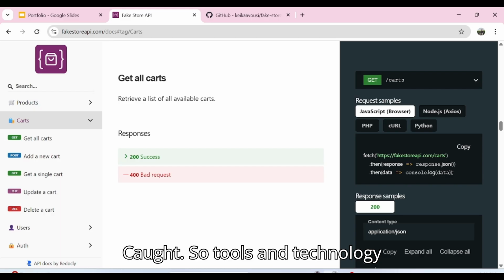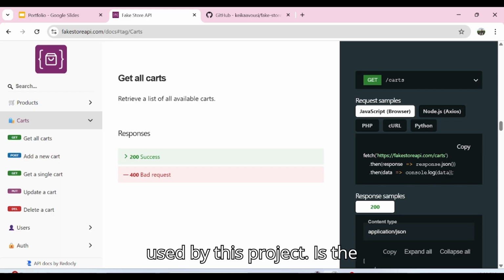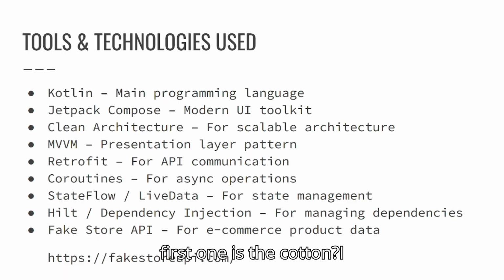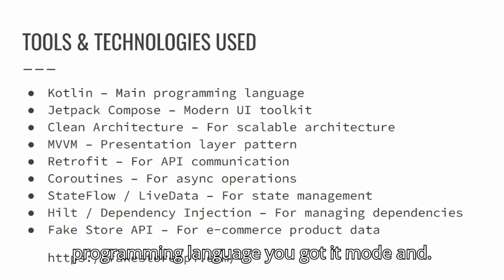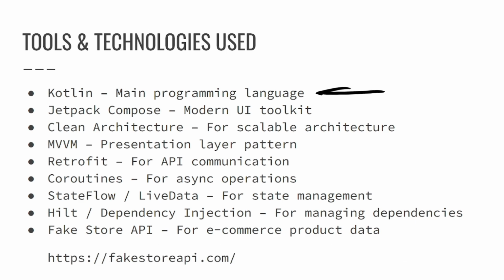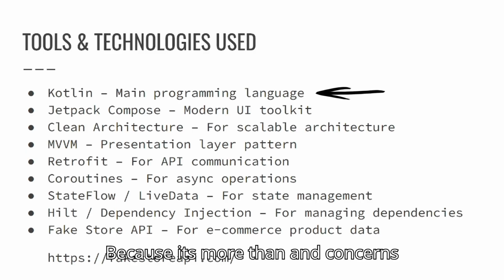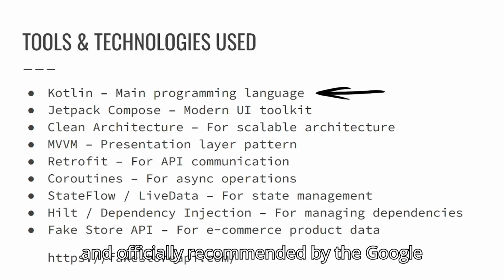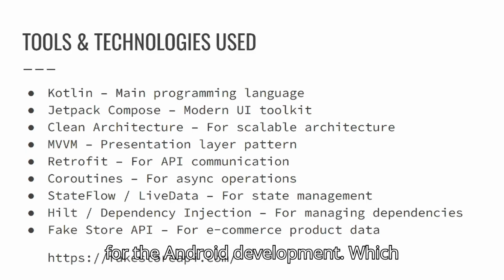The tools and technologies used by this project: the first one is Kotlin. I am using Kotlin as the main programming language because it's modern and concise and officially recommended by Google for Android development.